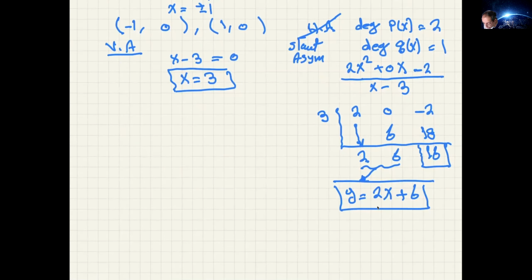All right, now test the slant asymptote. So we agreed that we tested before y equals 1 or y equals 0, y equals 2. So here we're going to test y equals 2x plus 6.